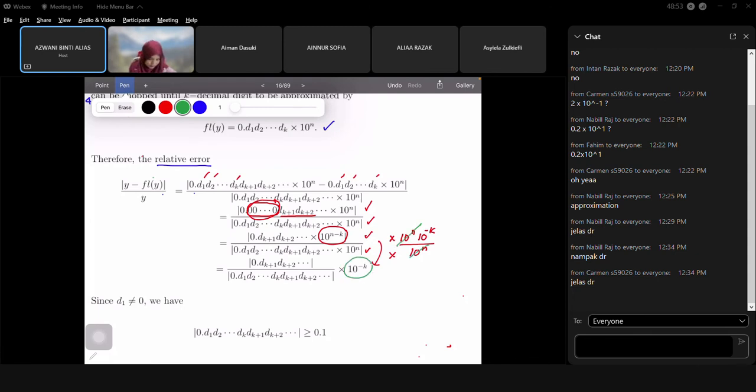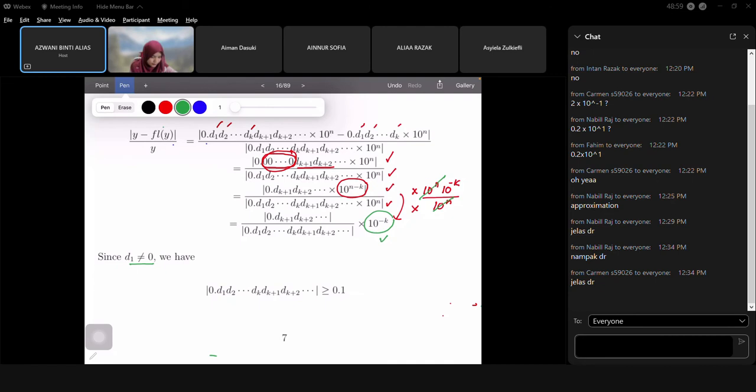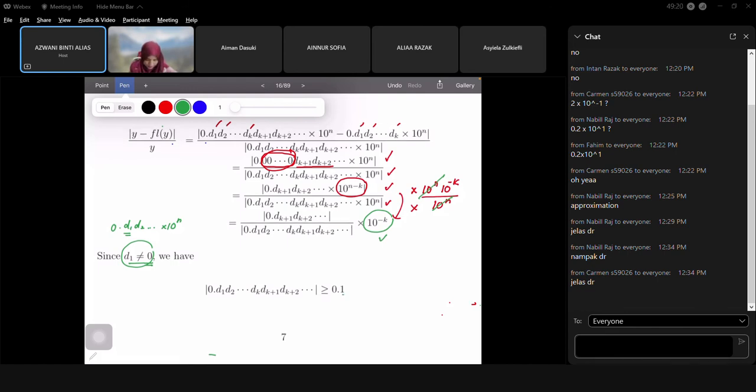Okay, so okay here. So since D1 cannot be 0, yang ni ambil daripada original how to define the normalized form tadi kan. 0.D1, D2 and so on multiply by 10 to the power of n, D1 cannot be 0. Okay, so we have 0.D1, D2 up to ni should be greater than 0.1.